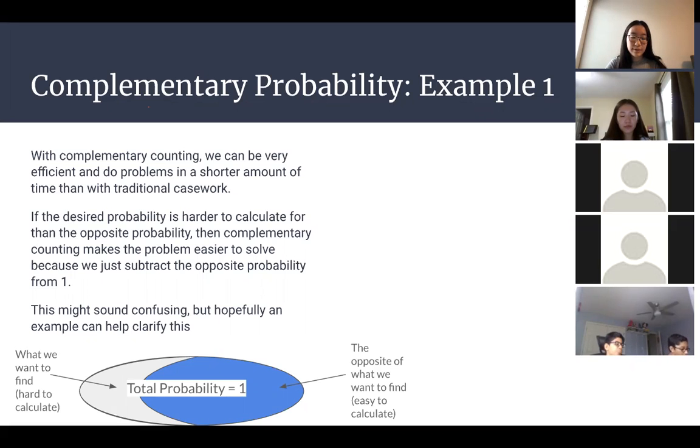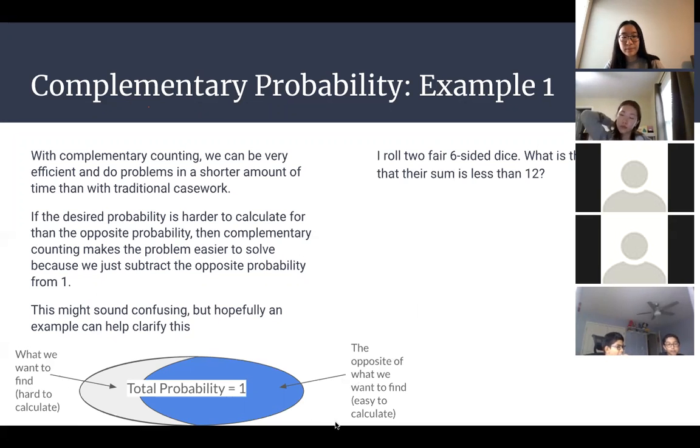If what you're looking for is harder to calculate than what you're not looking for, then complementary counting is going to make it easier, because if you find the opposite of what you want and subtract that from the total probability, you just get what you want to find. That might just be a faster way of doing it. Yeah, like Charles said, exactly.